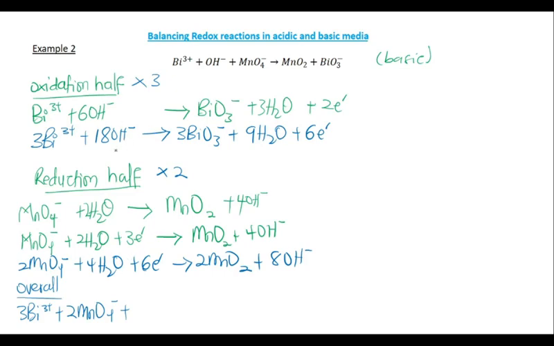Now on the left side we have 18 moles of OH minus over here, then we have 8 of OH over here. So we subtract this from this, we will be left with 10 at this side.